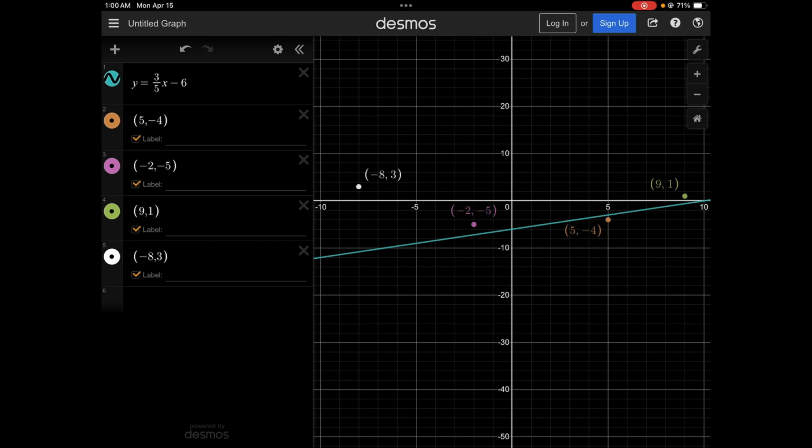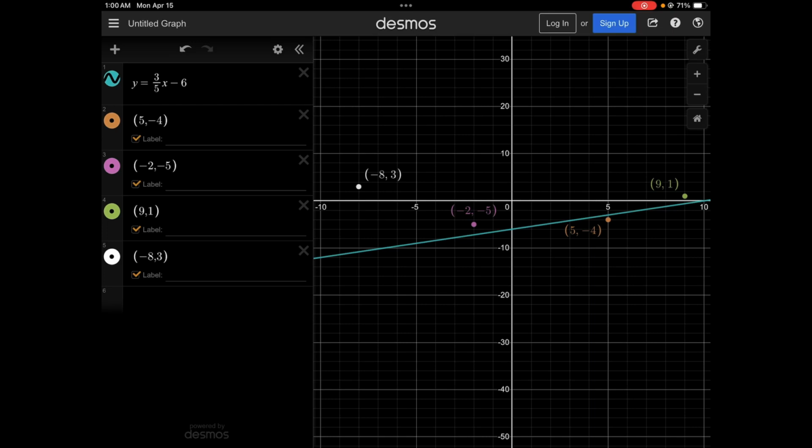Now, what if you didn't know any of that, if we were not sure which side you shade or how you're going to do it? Well, the point that is isolated, that's the correct one. That's the one that we're looking for, or the point that's farthest from the rest.